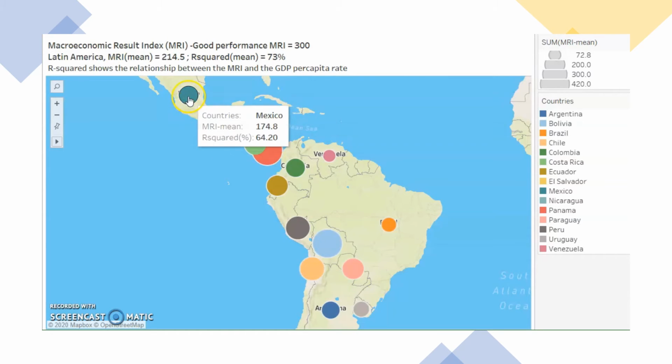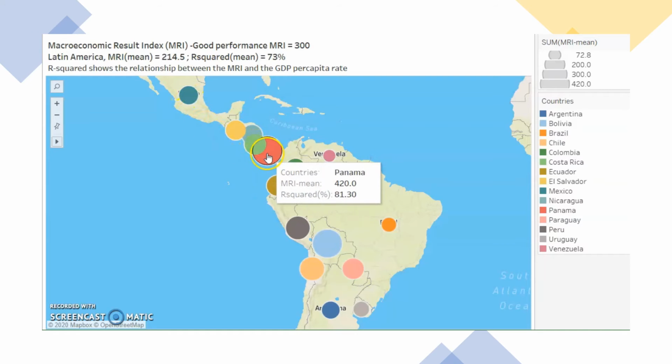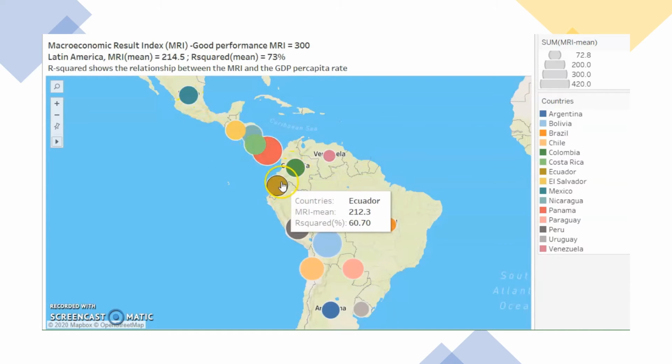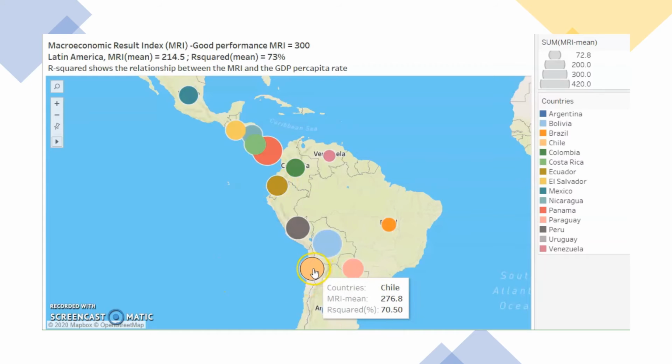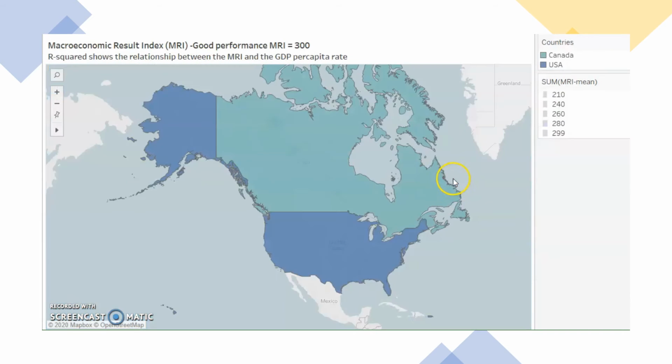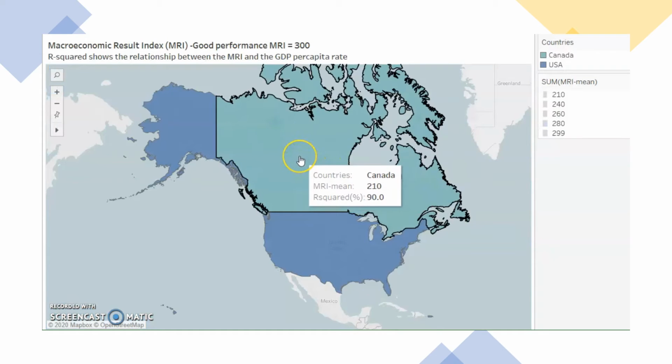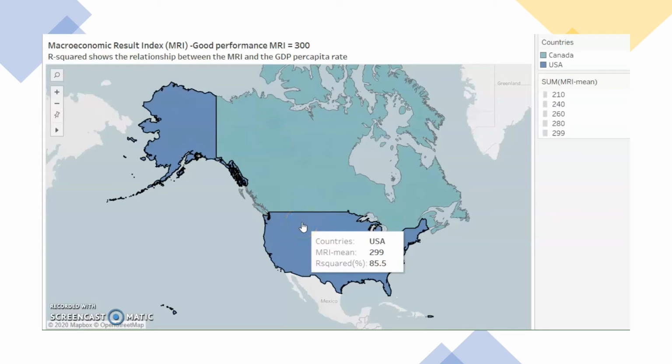From Mexico, Costa Rica, Panama, Colombia, Ecuador. Here we have Chile, Paraguay, Argentina, and Uruguay. And here we have Canada with MRI 210 and R square of 90, and the United States with 299 and 85.5 R square.